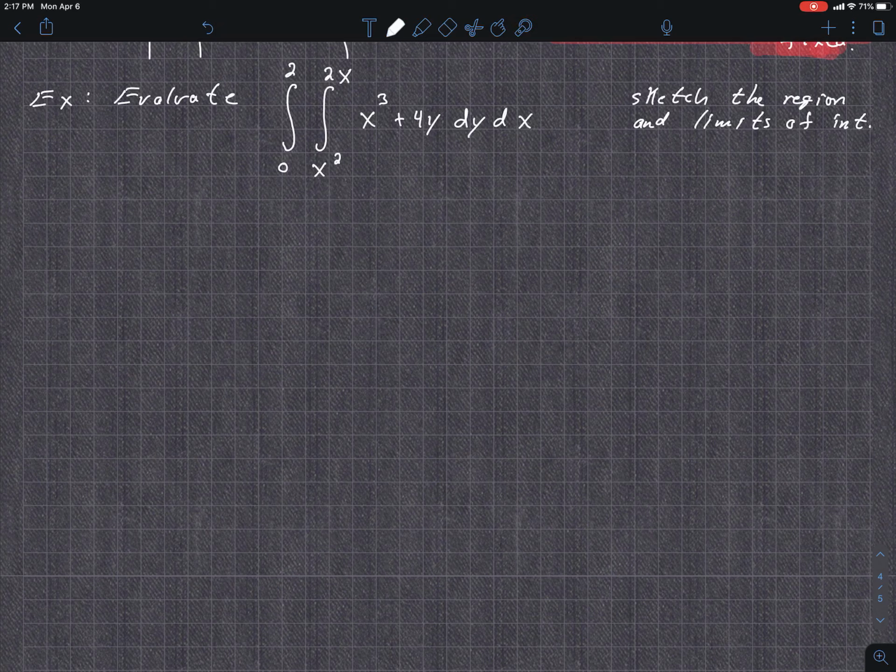You can picture this then as y equals, let me do it in gray or something. You can think of it as y equals x squared to y equals 2x. So we want to sketch those regions first, and I will actually ask you to do that.